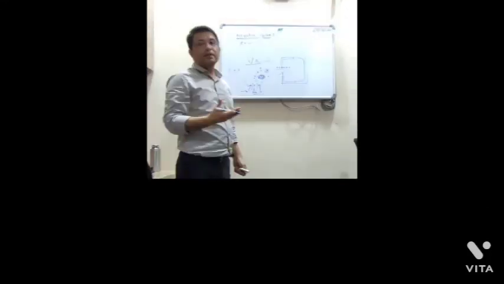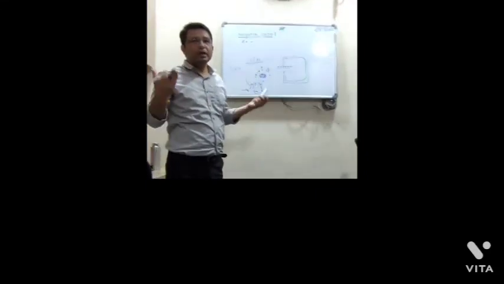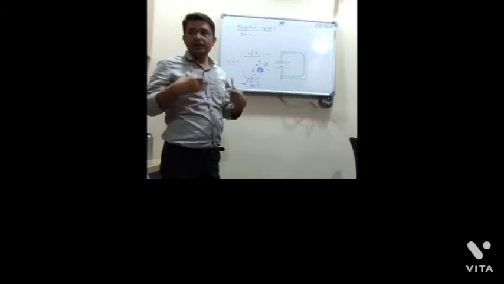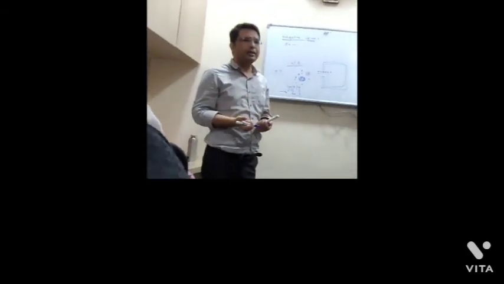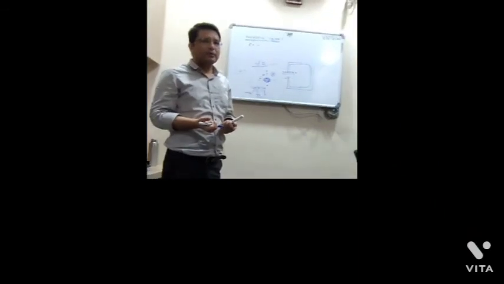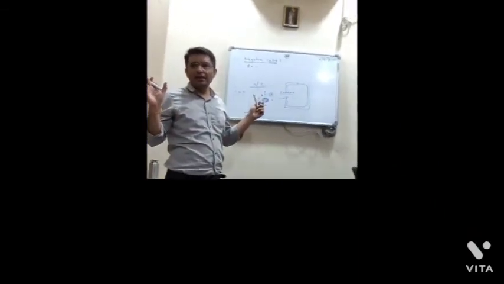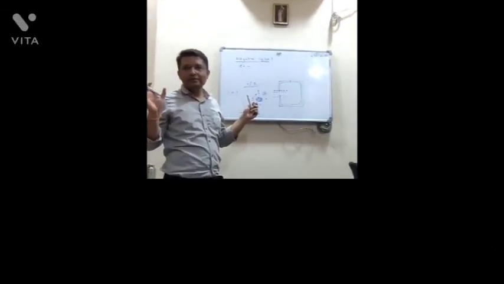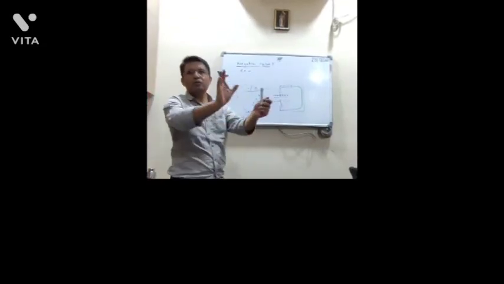Stationary electron is not a current. It's a flow of electron. So if there is a flow, then we call it a current. Otherwise it's not current. If electron is resting, we cannot say it's a current. But in order to have a current, electron has to flow.